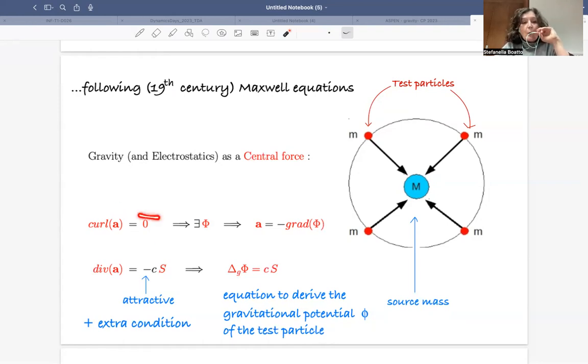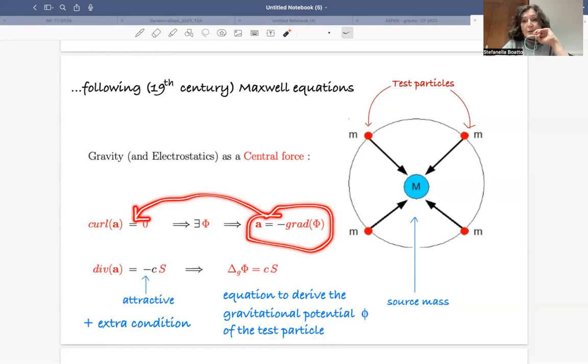But anyway, from the first equation, the fact that it is irrotational, we can make use of an auxiliary function phi, and we can rewrite A as minus the gradient of this phi. In fact, if we substitute this into this equation, it is automatically satisfied.